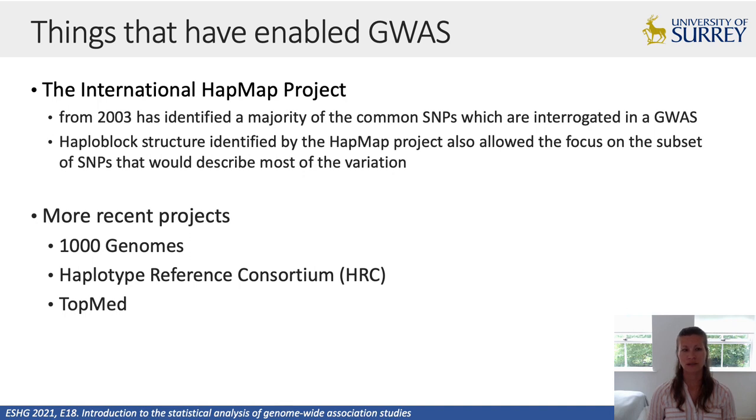The project has also identified haploblock structures so that we can focus on a subset of SNPs that describe most of the variation in the human genome. More recent projects, such as the 1000 Genomes, have continued the work from the HapMap project, and the Haplotype Reference Consortium, and most recently the TopMed project.